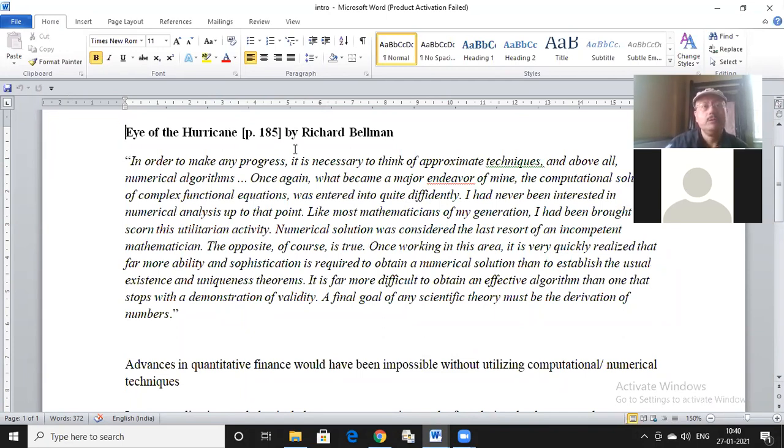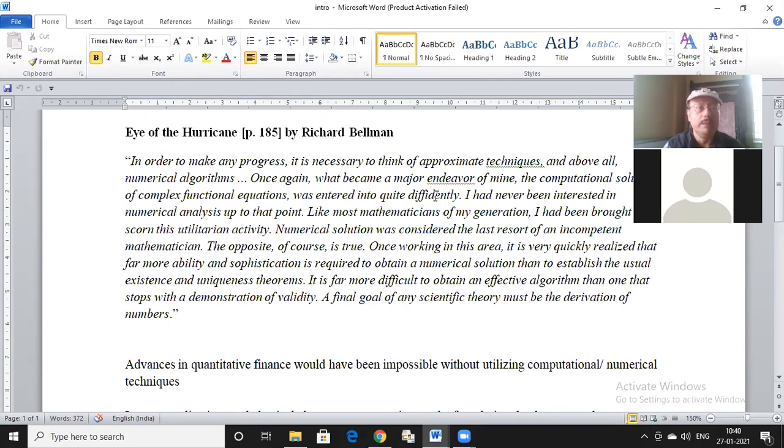This quotation is from the autobiography by Professor Richard Bellman, and the name of the autobiography is Eye of the Hurricane. Richard Bellman is an extremely famous mathematician. In fact, if any of you know anything about dynamic optimization, then you must have come across the term Bellman's optimality principle. That is considered the cornerstone of any dynamic programming problem or dynamic programming algorithm. So it is almost as powerful as the central limit theorem in optimization literature.